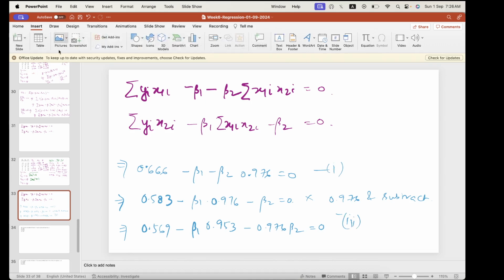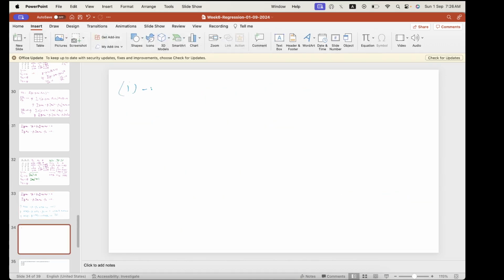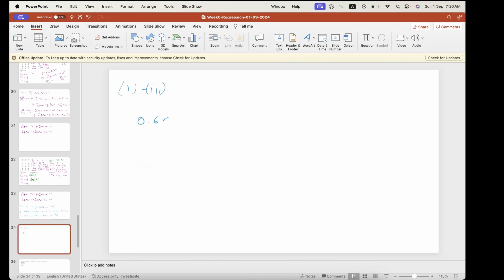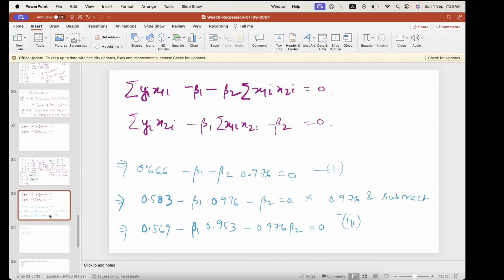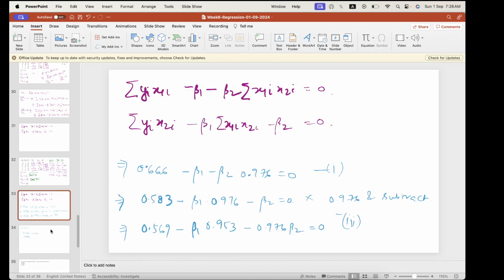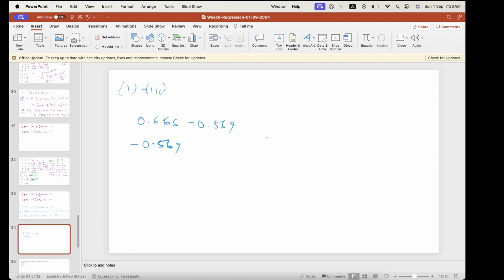So if we do 1 minus 3, what do we have? We have 0.666 minus 0.569 minus beta 1 plus 0.953 beta 1 equal to 0.